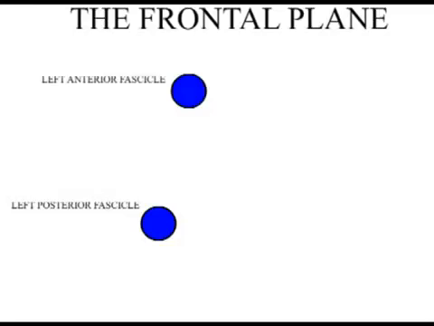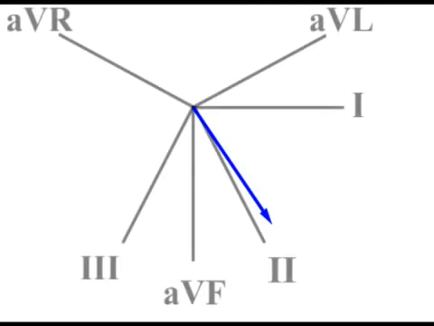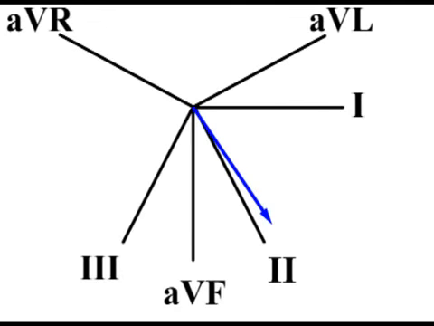As shown here, in the frontal plane, the plane of the screen, they can be represented as vectors flowing simultaneously from the left anterior fascicle and from the left posterior fascicle. As you can see, when we use the parallelogram rule to add them together, the total vector generated is travelling downwards and to the left, more or less straight down lead 2, at approximately 60 degrees relative to lead 1.